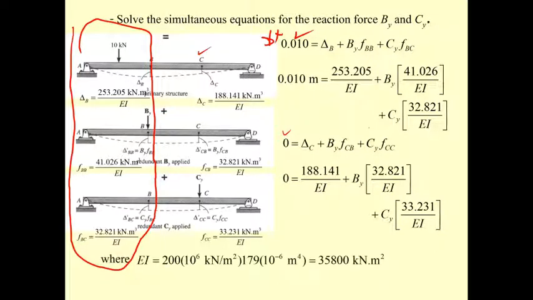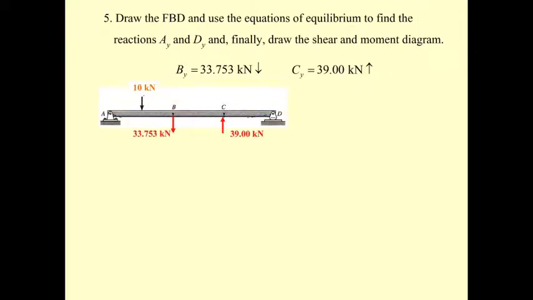Don't forget about the EI. Put the EI, and then you get the B sub Y and C sub Y like this. Draw this as a free body diagram, and then you may determine the A sub Y and the D sub Y. The A sub X is 0.